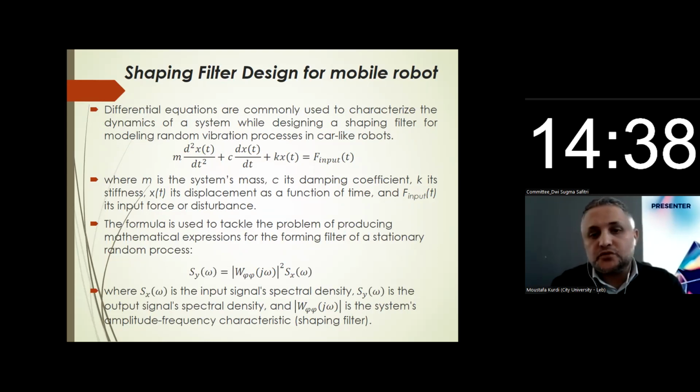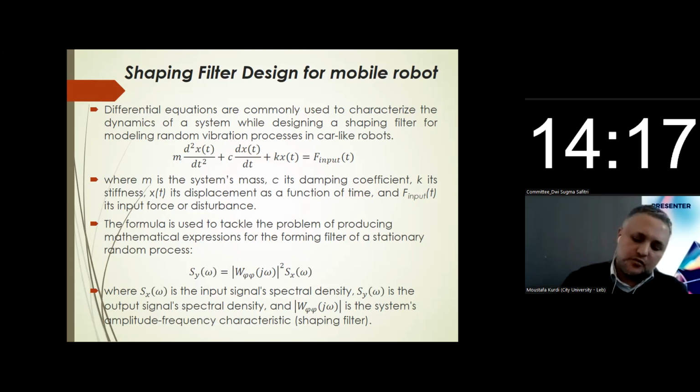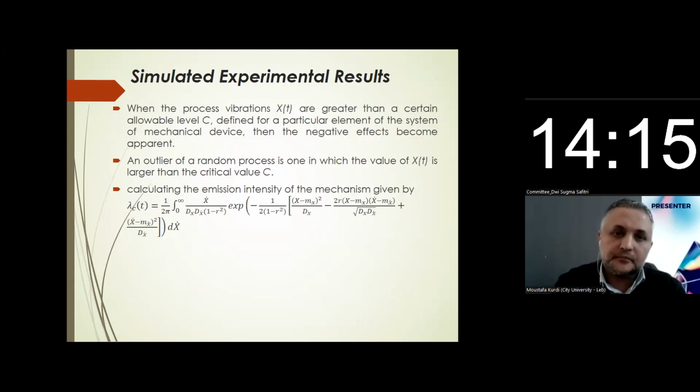The formula is used to tackle the problem of producing a mathematical expression for the filtering of a stationary random process: S_y(w) equals the squared amplitude frequency characteristic times S_x(w), where S_x(w) is the input signal spectral density, S_y is the output signal spectral density, and Phi(w) is the system's amplitude frequency characteristic. So what is meant by a shaping filter?